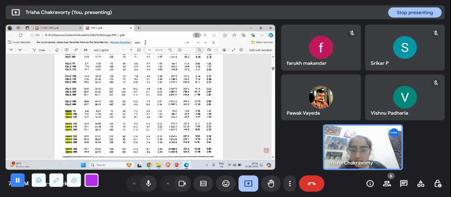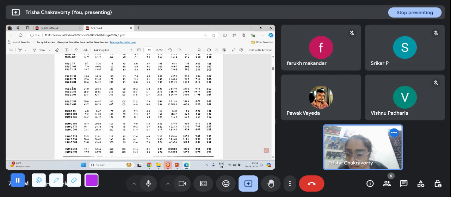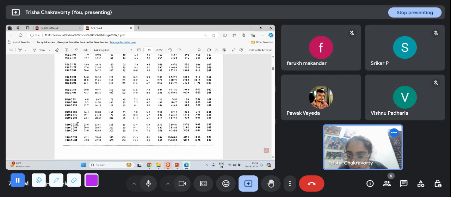They said ISMC 250. So this is ISMC 250. These are the properties on this line.